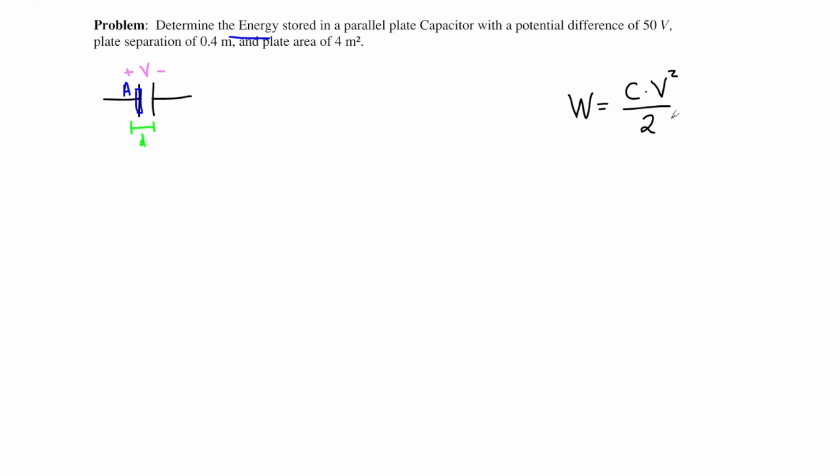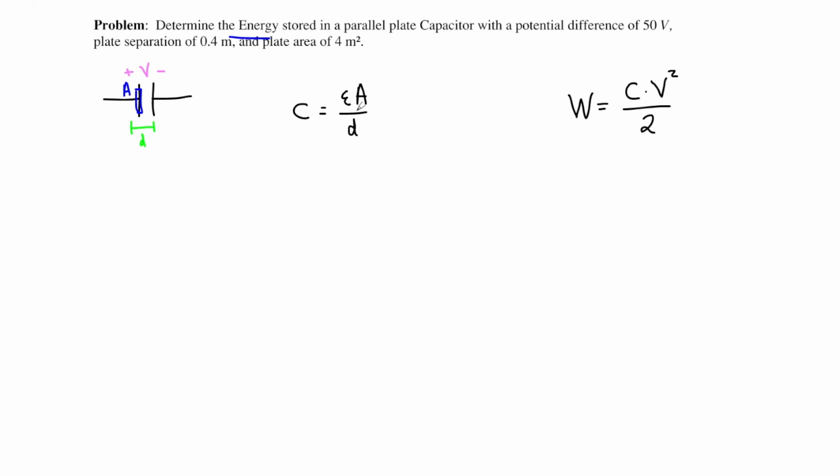Now this is wonderful, but we do not yet know what the capacitance of this capacitor is. We know our voltage potential, but not the capacitance. In order to solve for this capacitance, we need to utilize a secondary equation. It is as follows: C equals epsilon A over d.